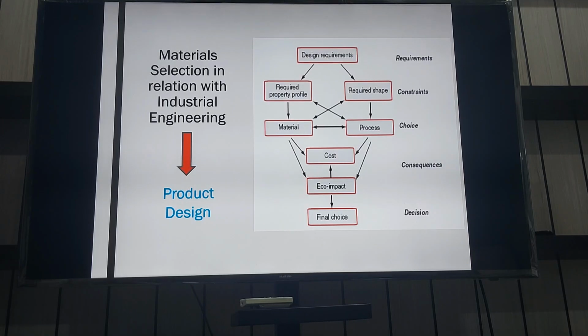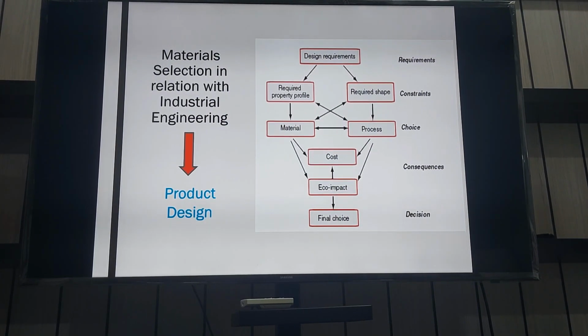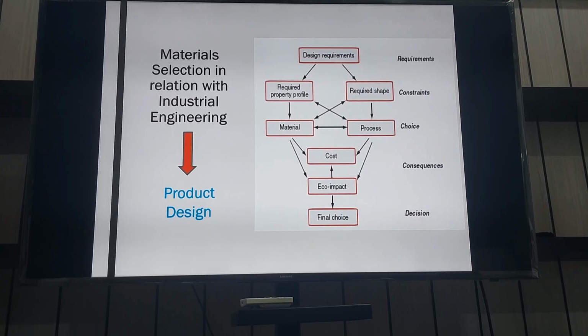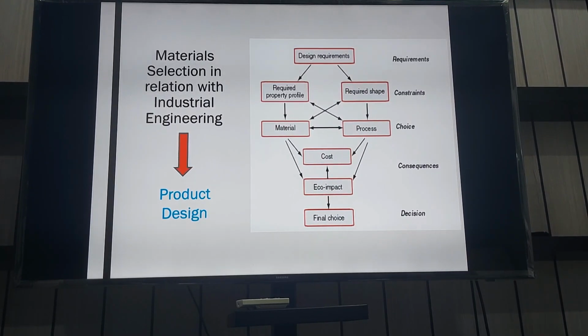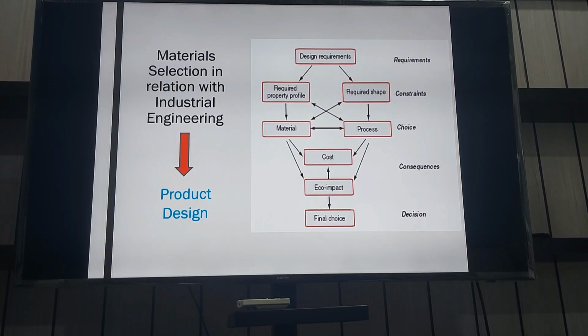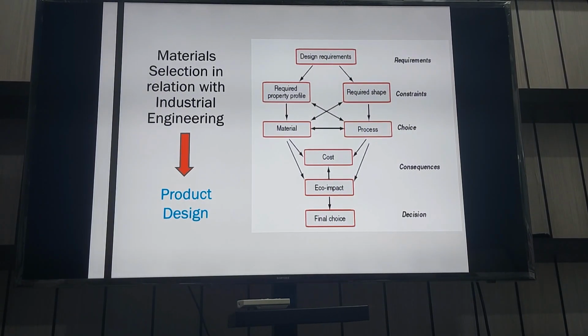Okay, so that is one of the processes of material selection. If there is only one constraint, we have a lot of alternative materials we can use to produce goods. Okay. So based on the required property profile, and then the other consideration is required shape.